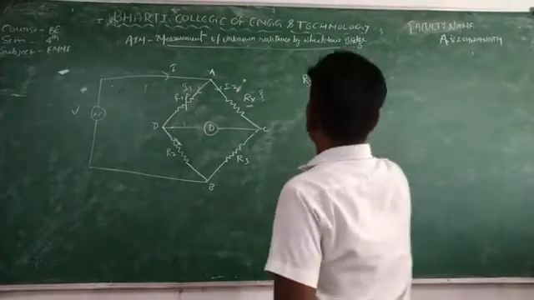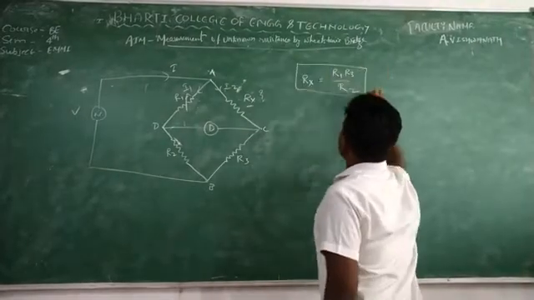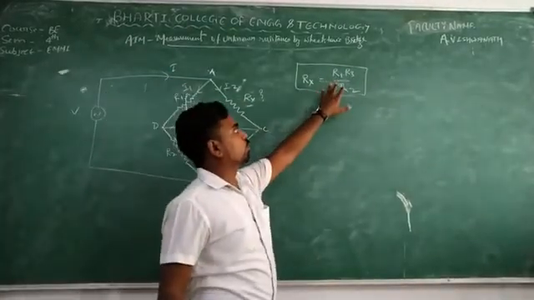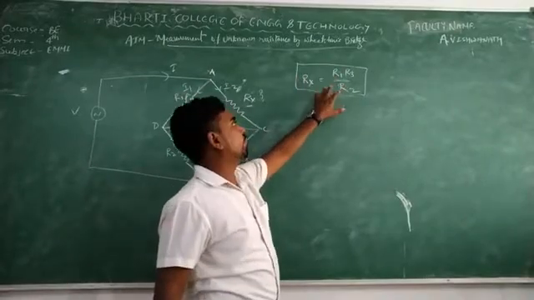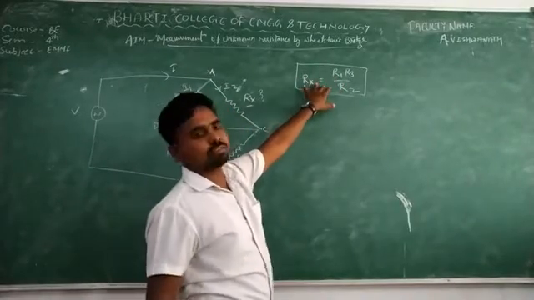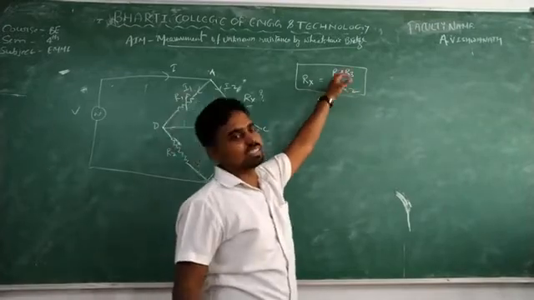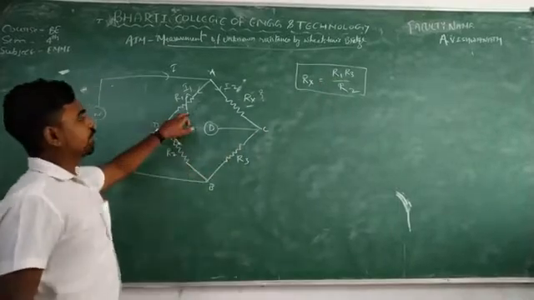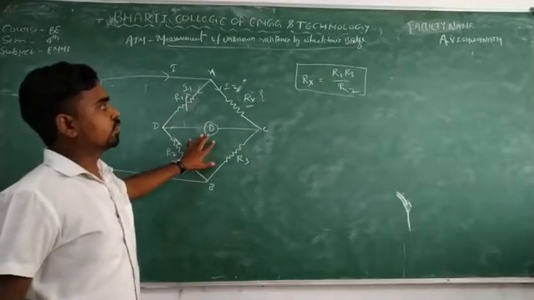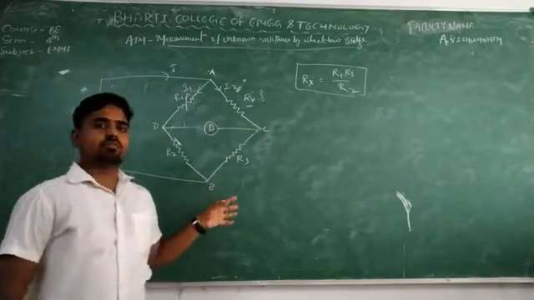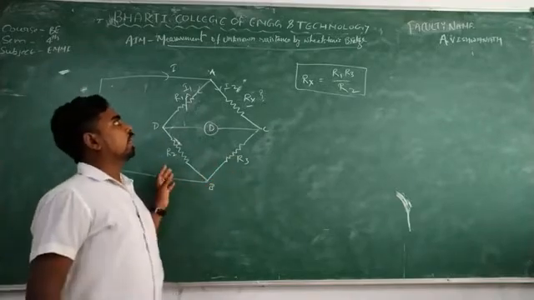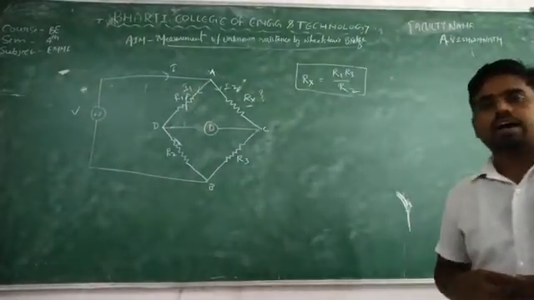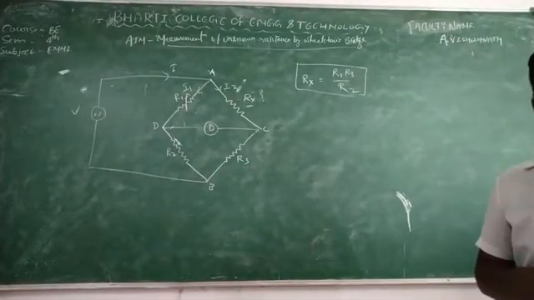So this is the formula for knowing the unknown resistance Rx. While knowing R1, we can find Rx by putting all these values in this formula, because R2 and R3 are known resistors, and R1 will be found when we reach the balanced condition. Okay, this is the theoretical background. Now we will go and see how to perform the experiment on the kit by making the connections.